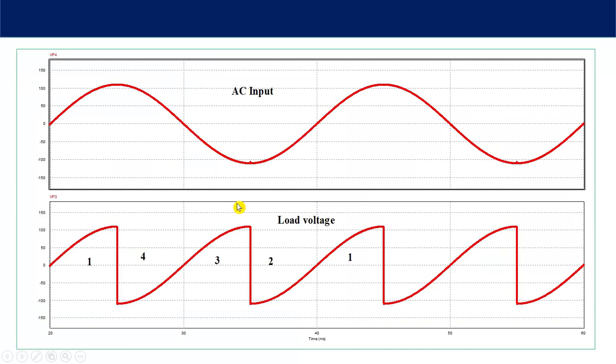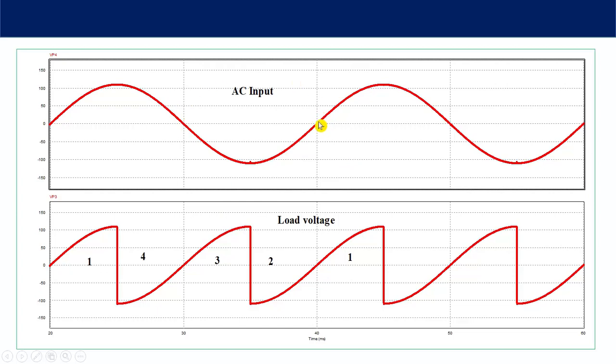Then you will get this kind of pulse. This pulse, then again this pulse will repeat. So from 0 to 360, it will be half cycle of the output voltage. And then in the negative half cycle you will get a pattern like this using thyristors number 2 and 4.